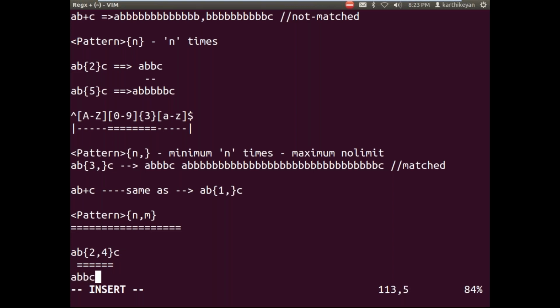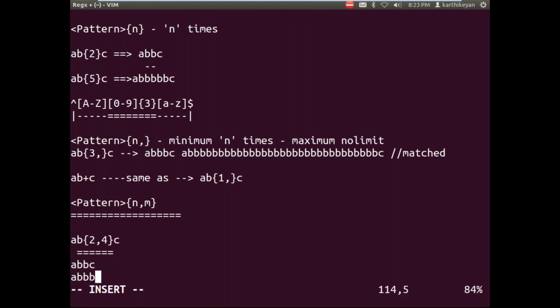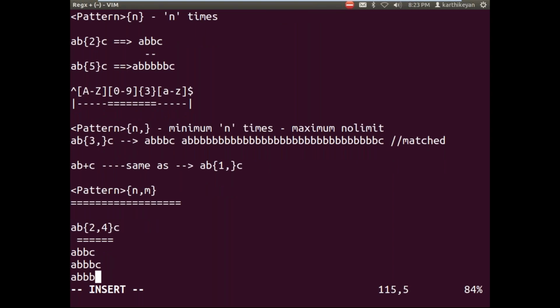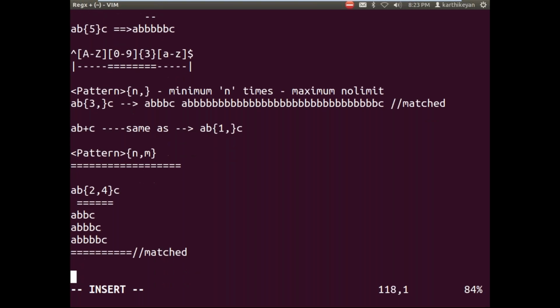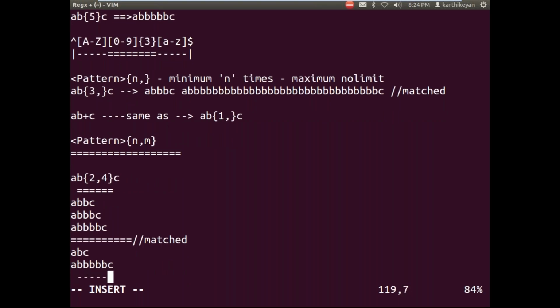B 2 times followed by C, 3 times followed by C, 4 times followed by C. These patterns are matched. If you write it differently, these patterns are not matched.